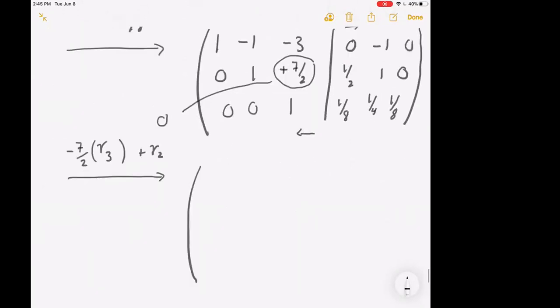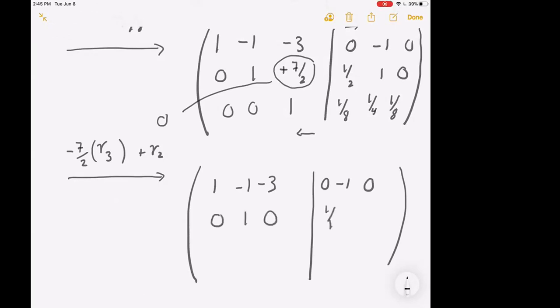So you'll get a new 3 by 6 matrix. First row is not changed at all. Second row becomes 0, 1, 0, 1 over 16, 1 over 8, minus 7 over 16. And the third and final row was never changed at all.